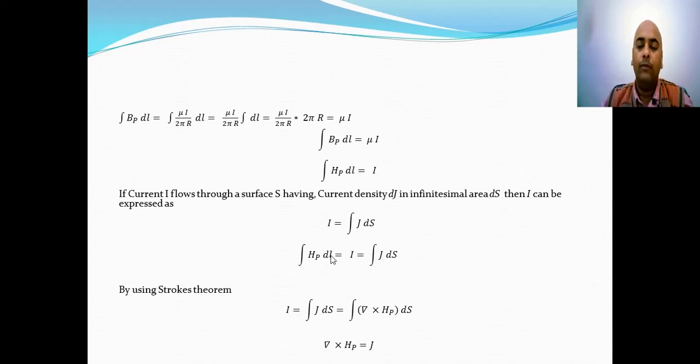Now, we have already discussed and obtained that the integral of H over length L is equal to the current enclosed by the path, which is the integral of current density J over the surface S. Now we are using Stokes theorem to convert the surface integral to a line integral.